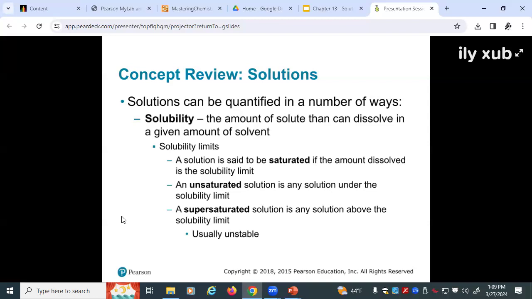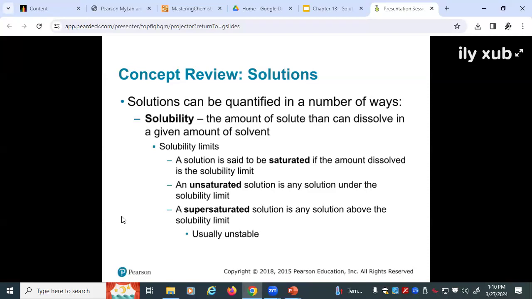At any point before the saturation limit, the solution is said to be unsaturated. And so an easy way to tell that you have an unsaturated solution is you go to add more of that solute to it and it dissolves.